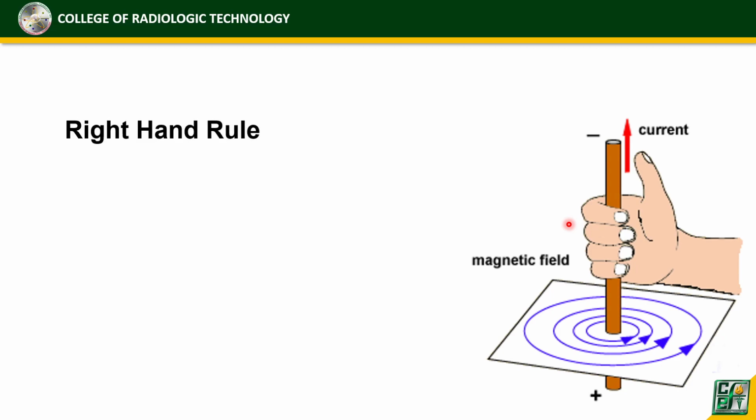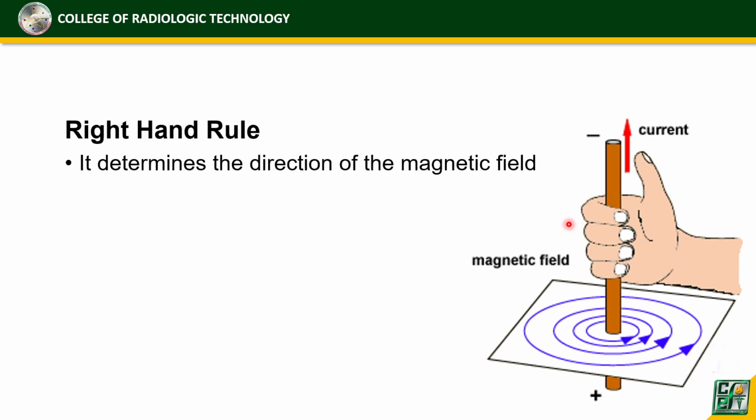Okay, this is the right hand rule. It determines the direction of magnetic field.